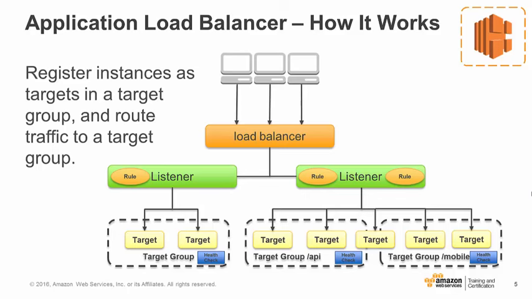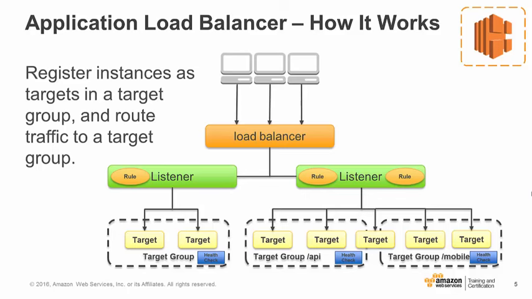You add one or more listeners to your load balancer. A listener checks for connection requests from clients using the protocol and port that you configure and forwards requests to one or more target groups based on the rules that you define. Each rule specifies a target group, condition, and priority. When the condition is met, the traffic is forwarded to the target group.